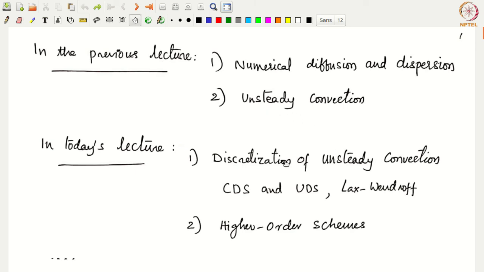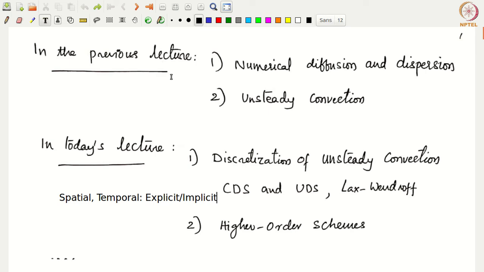unsteady convection equation using a central difference scheme or an upwind difference scheme for the spatial derivatives. Okay, so for the spatial derivatives we will use either a central difference scheme or upwind difference scheme, and for the temporal derivatives we will use either explicit schemes or implicit schemes. Okay.